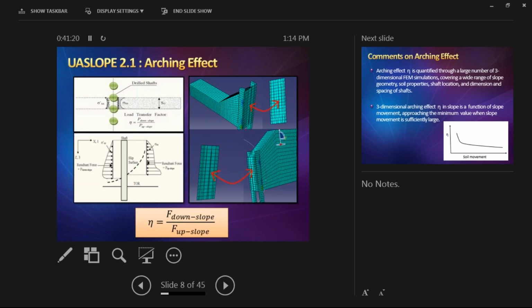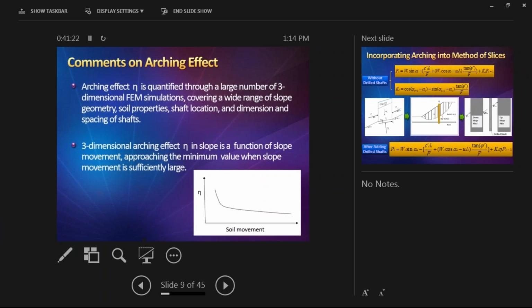And to do that, we rely on finite element simulation techniques, because we can cover a wide range of conditions like slope geometry, slope height, soil properties, dimension of the drill shaft, spacing of the drill shaft, and location of the drill shaft on the slope. So any possible design scenario can be investigated by the numerical simulation.